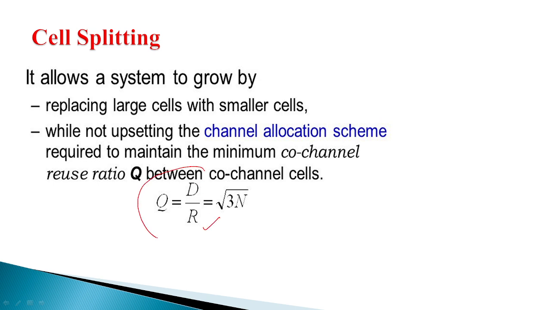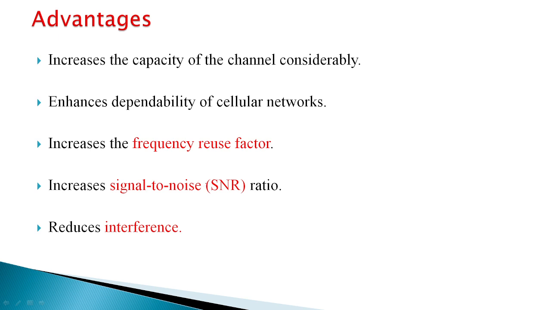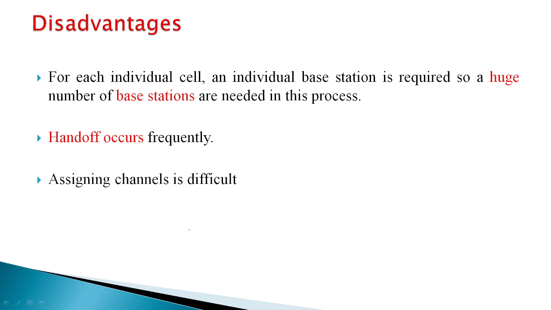So the quality factor always depends on D by R. The advantages are that we can reuse the frequency, the signal to noise ratio also increases, and interference may be reduced because of the high signal strength. But frequent handoff is required while moving from the present cell site to the next cell site, so definitely handoff is required.